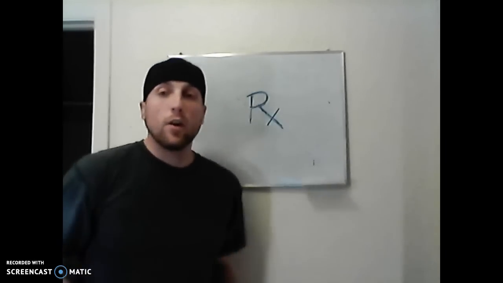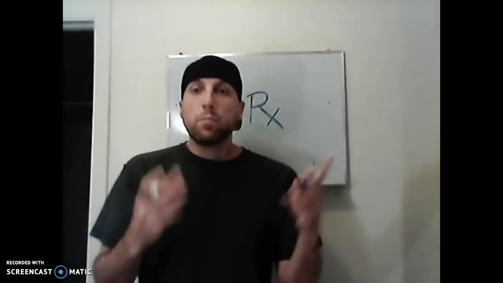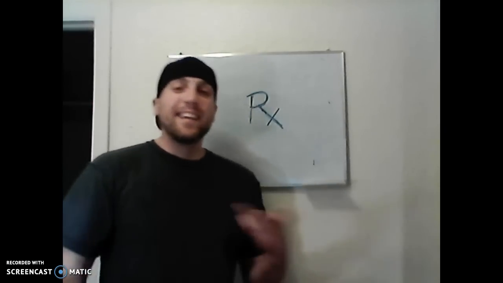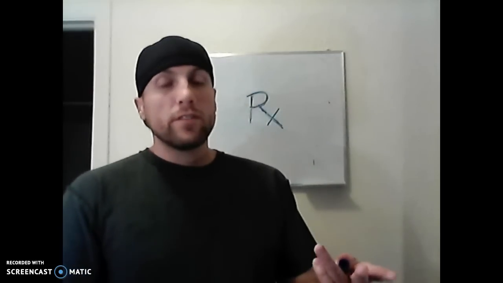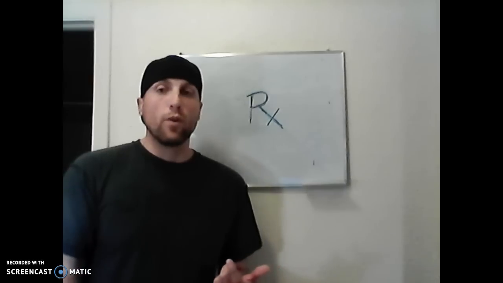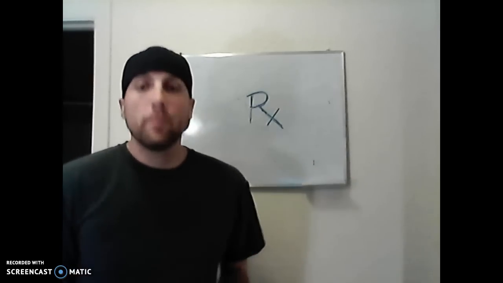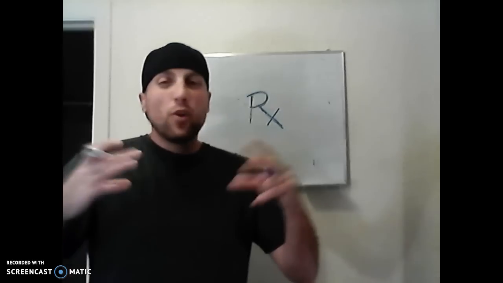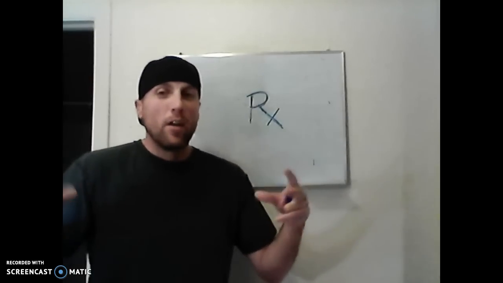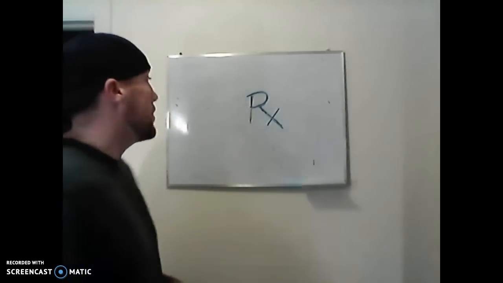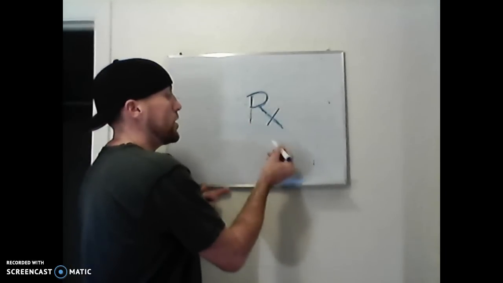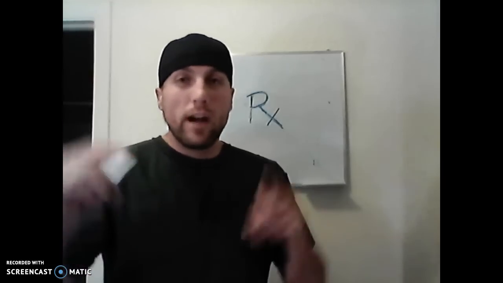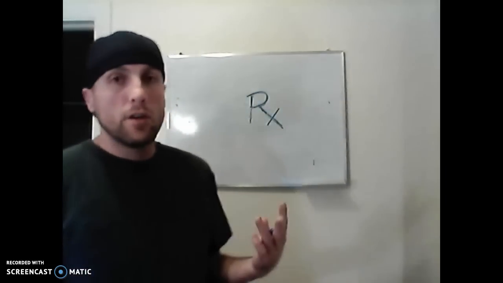There it is right there. Okay, so now left brain, we see RX, right? And if you look this up on Google, it'll say it's the Latin word for something like to give or to take. And somehow that correlates to prescription and healing and health. I'm not buying it. But I do know that there were no vowels in ancient languages. And there are really no vowels in your right brain.